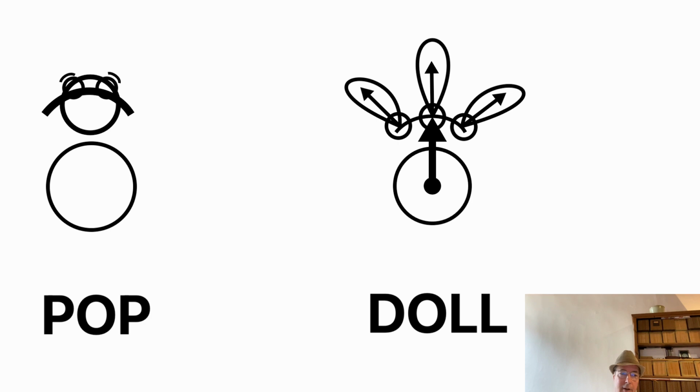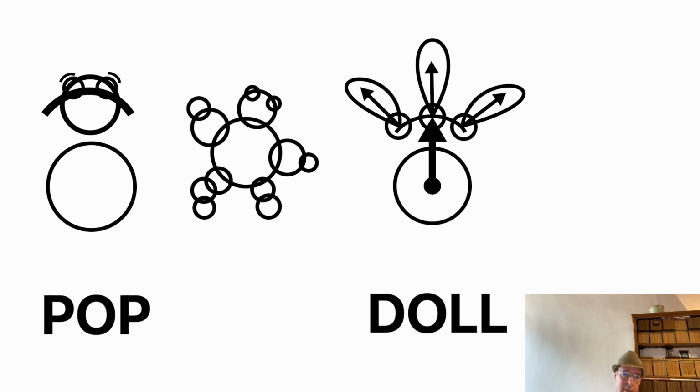If I look at this now, the pop will fit very well with forms which are very much round, and the doll will fit very well with forms which are more loose. So in some way you could say it is very different.